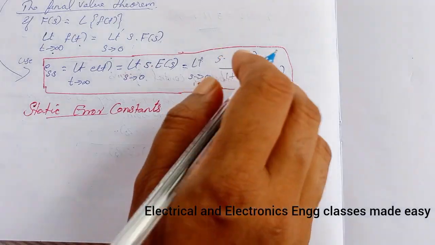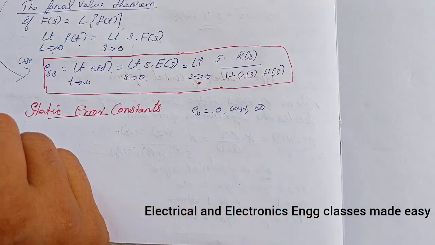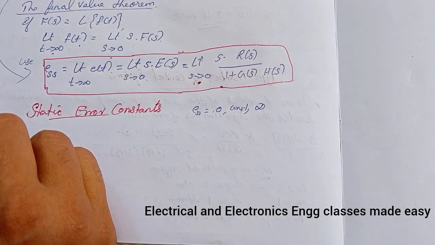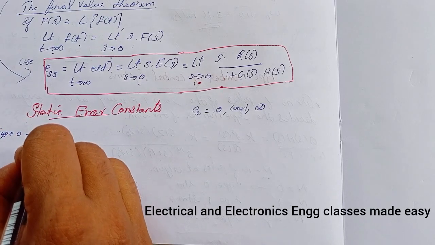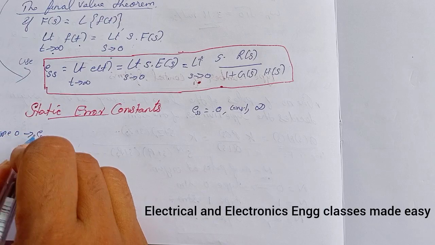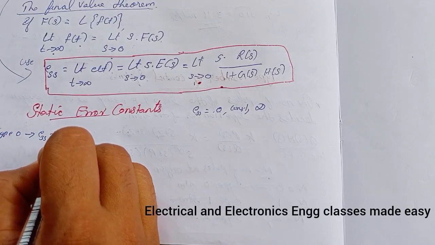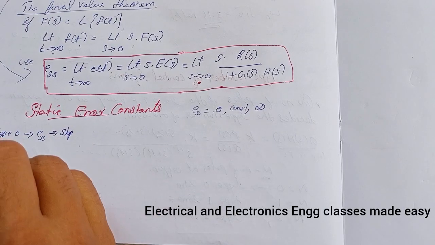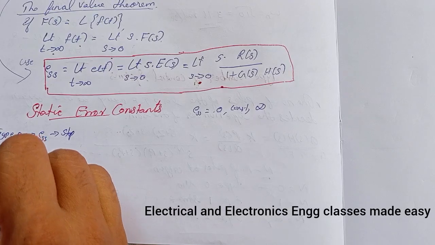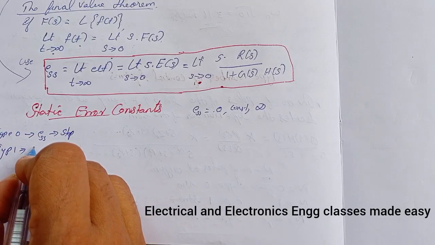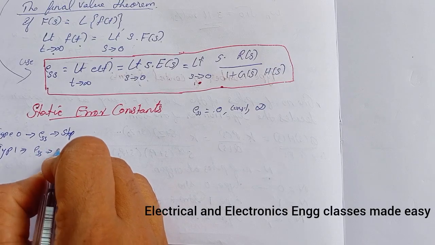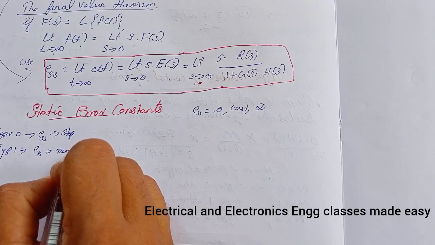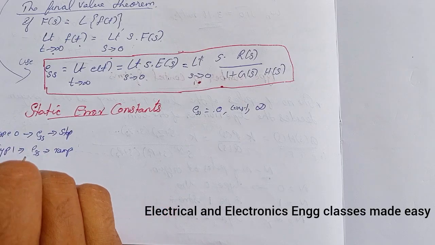A type 0 system will have a constant steady state error when the input is step, and for a type 1 system a constant steady state error will occur when the input is unit ramp signal or velocity signal.